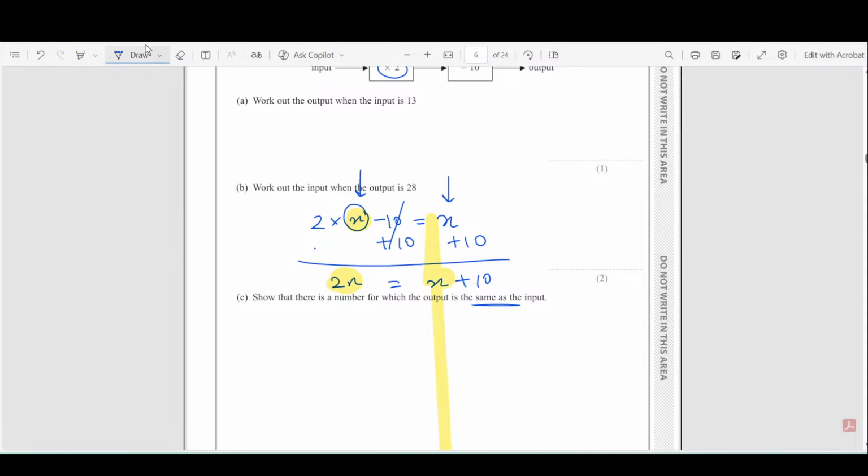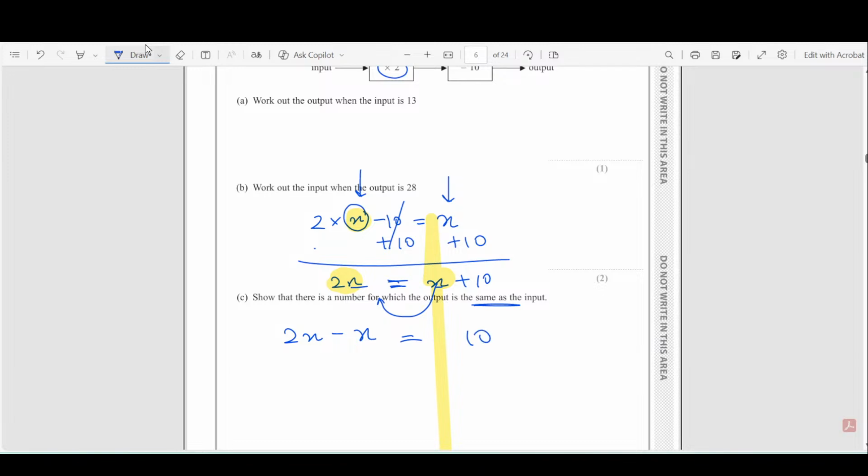Like x and 2x, they are same. They have both x. So we can just bring them together. If I take this x other side, so this is positive x, right? Whenever we move a term to the other side of equal sign, the sign changes. So positive will become negative x.